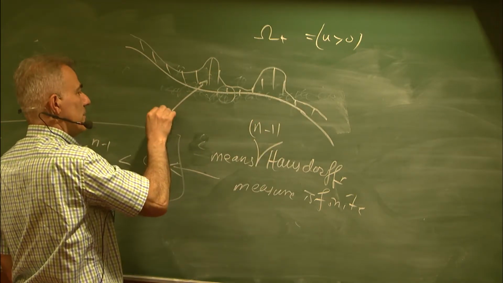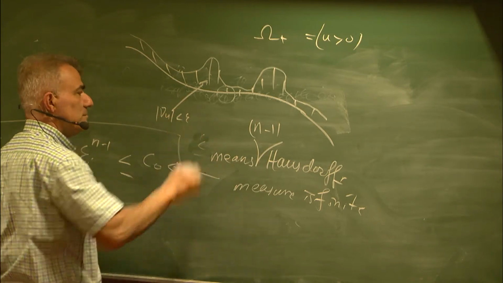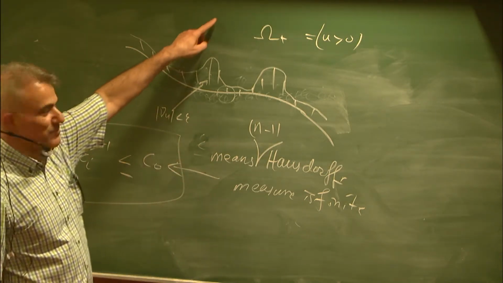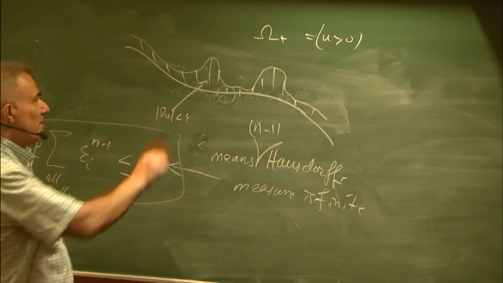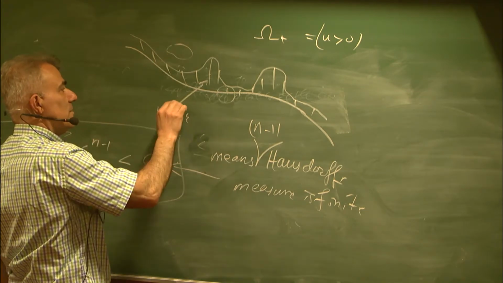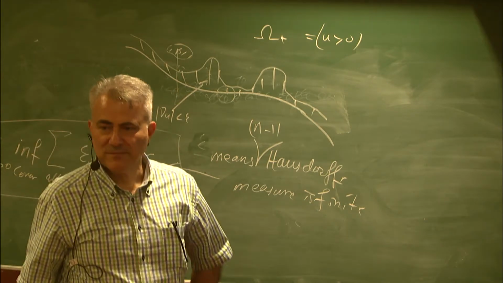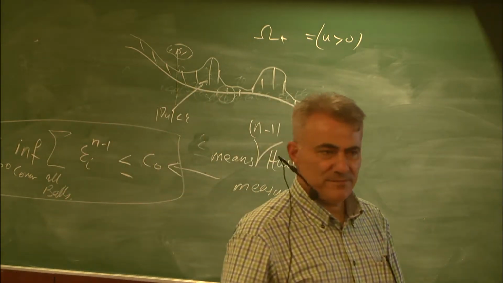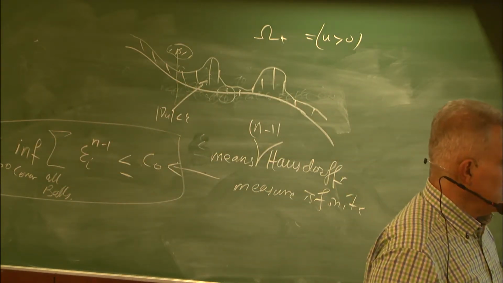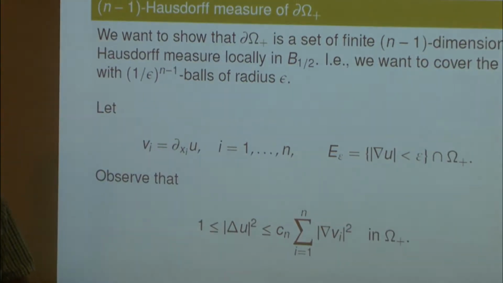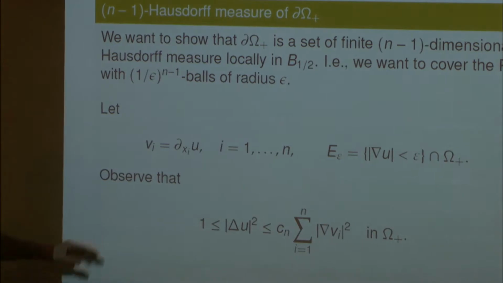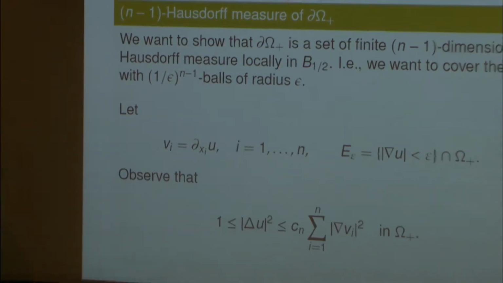I'm saying here gradient of u is less than epsilon. I don't know how much this might go up. It might be something like here also. I don't know how the picture is. Okay, so I'm taking all points when the gradient is smaller than epsilon, but they're inside omega plus, and I'm doing a simple calculation.